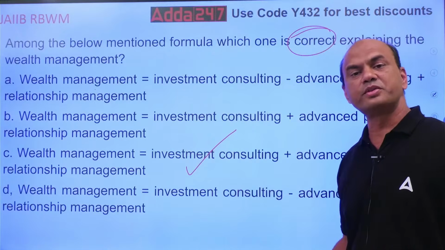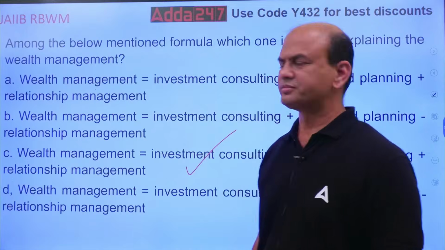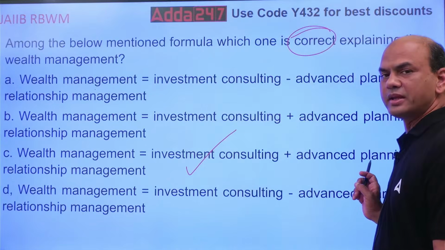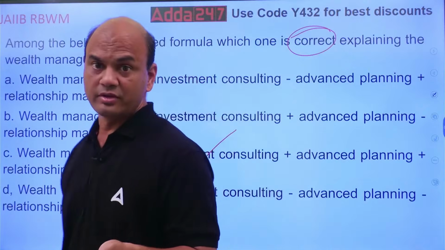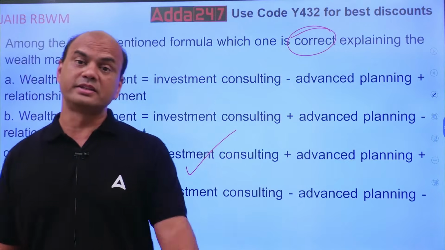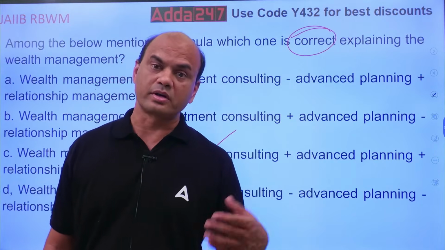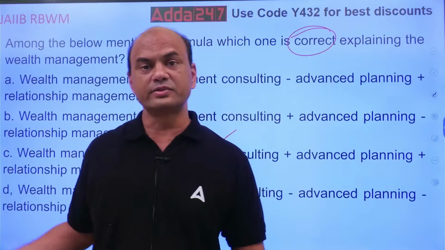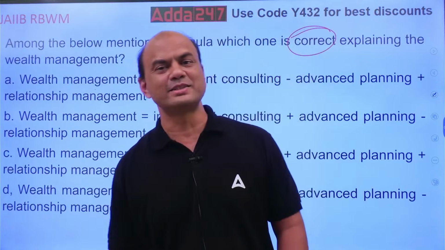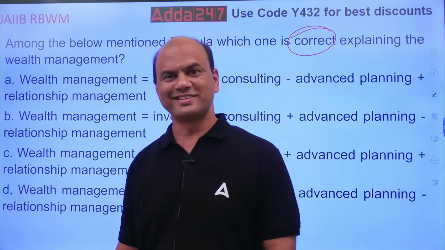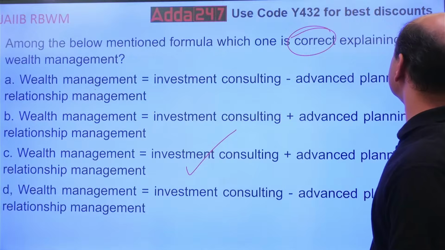Consulting means you have to speak to the client and constantly be in touch with the client. Advanced planning means you have to plan in advance for the client's needs and suggest the product accordingly. And the last one is relationship. Obviously that is required. Without relationship, how can you have a business? So, C is the answer.